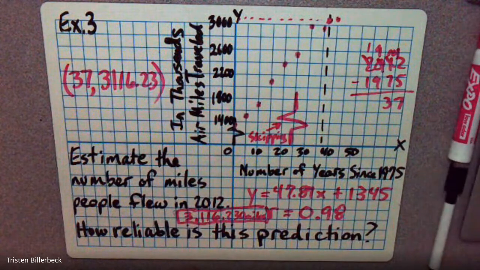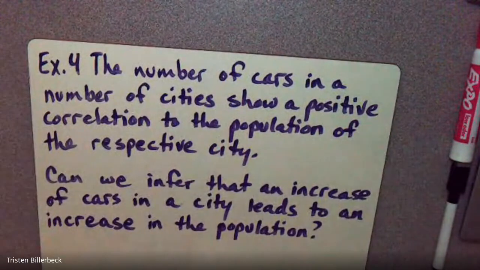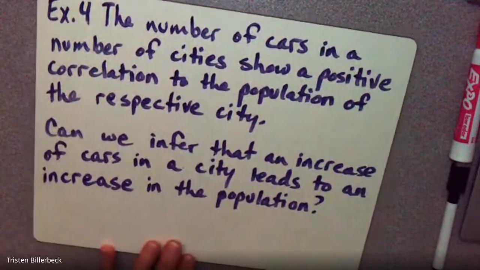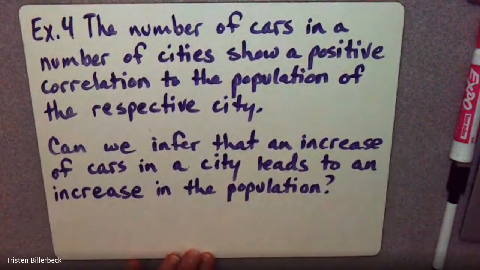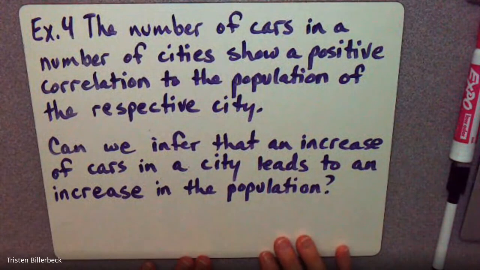All right, so we have one more example. Let's talk about this one. The number of cars in a number of cities shows a positive correlation to the population of the respective city.